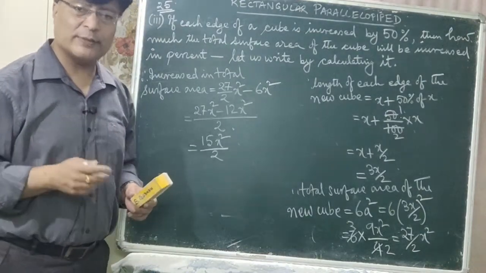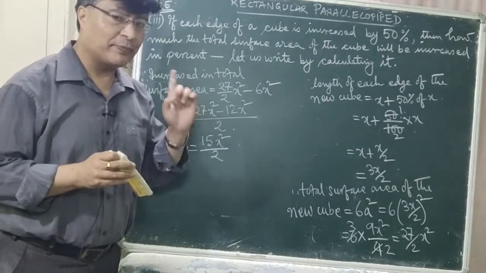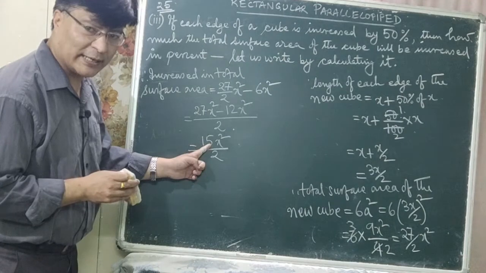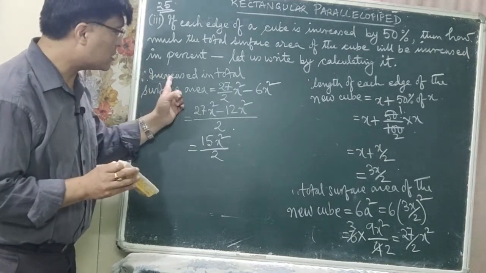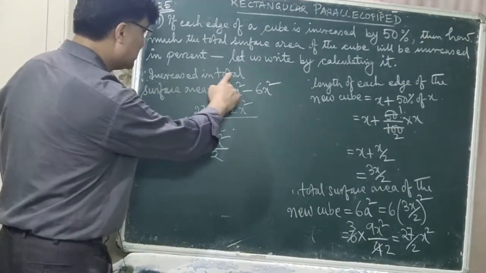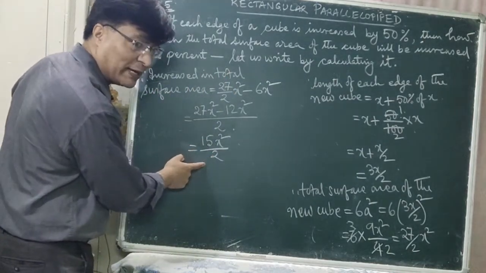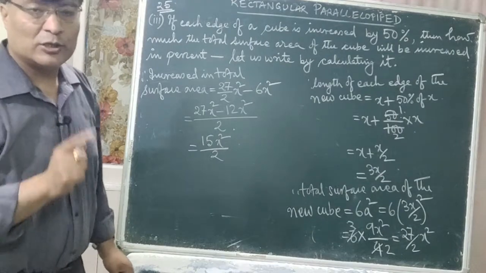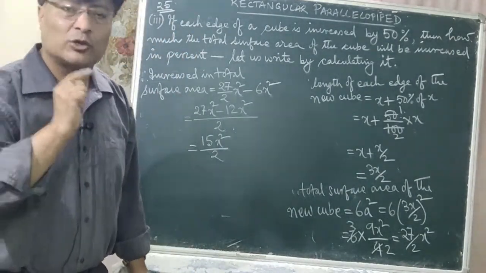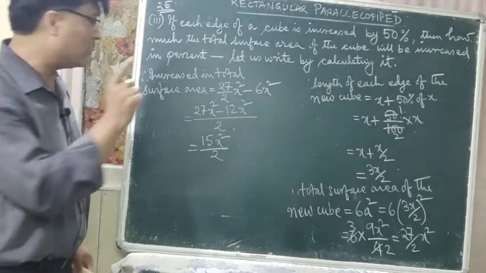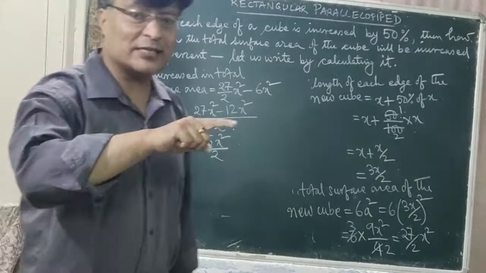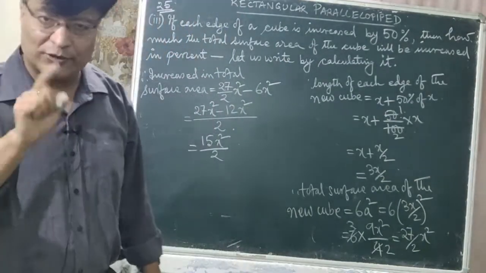When you find it in percentage, there is a formula. This increase in total surface area should be converted to percentage. That is, your percentage increase in total surface area is equal to, this increase in total surface area should be multiplied by original. Should be divided by original total surface area. That is total surface area of the original cube. That was 6x square into 100. The percentage means, you have to find it out of 100.